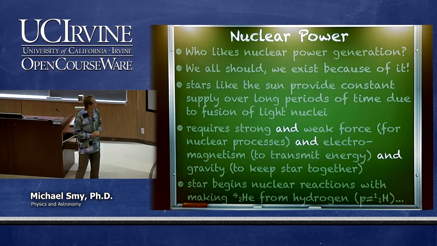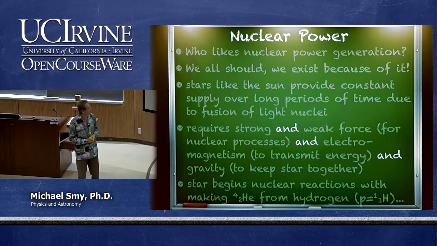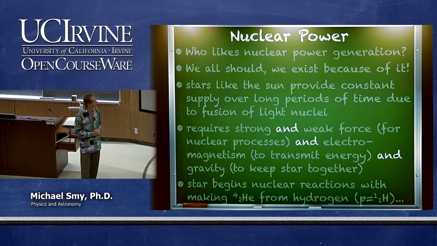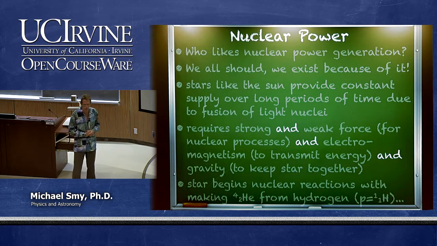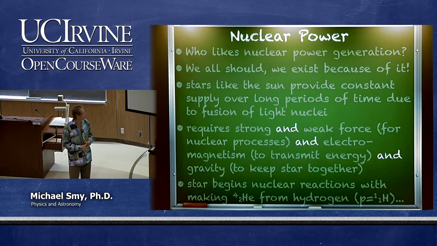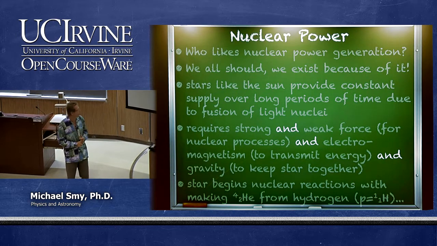And interestingly, for that fusion of light nuclei in stars like the sun to take place, you require the strong and the weak force for the nuclear processes. You also require the electromagnetic force to transmit the energy, and you require gravity to hold the star together.